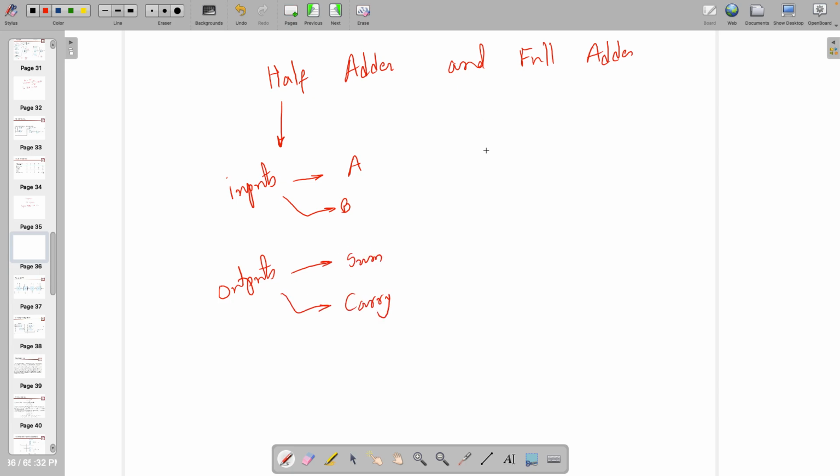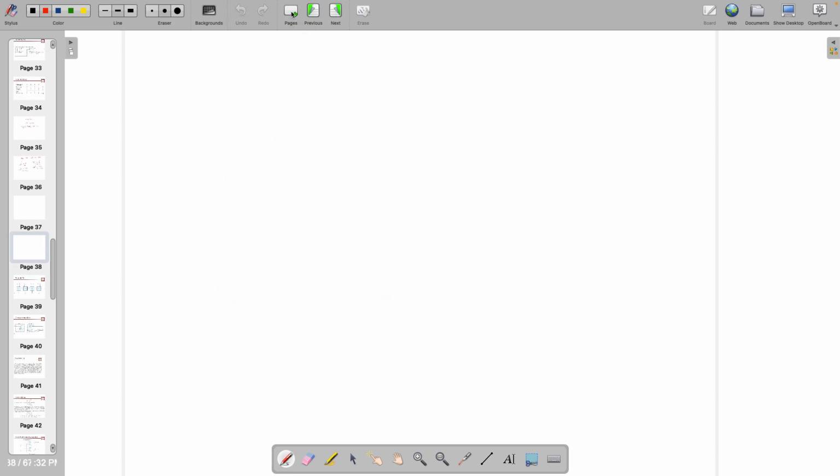Whereas in full adder, there are three inputs, A, B and one more, C in, coming from somewhere else maybe, right, and two outputs, sum and carry, right. We also learn the important part that half adder can be realized as sum is equal to A XOR B, and in case of carry out it's A and B. This is for half adder.